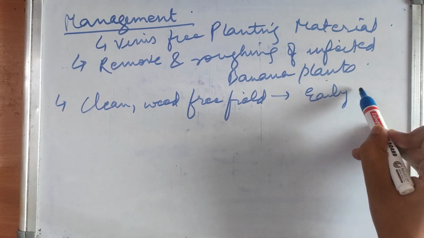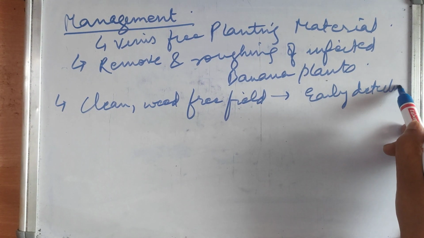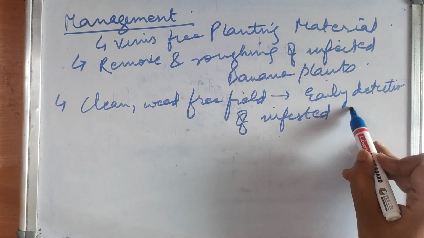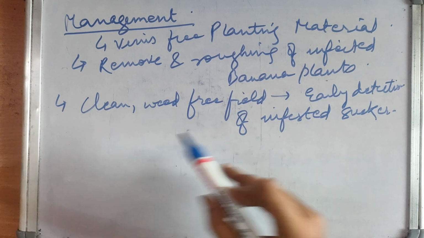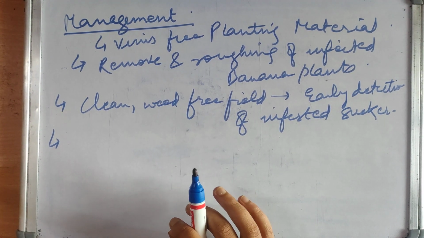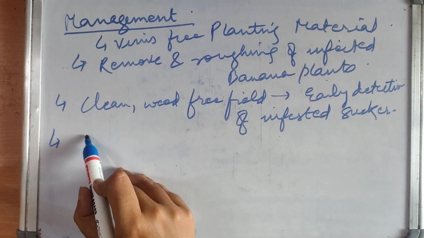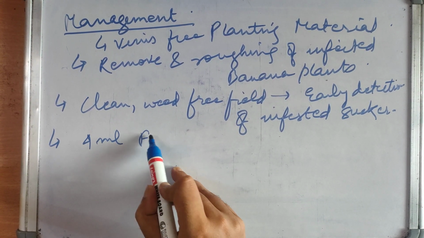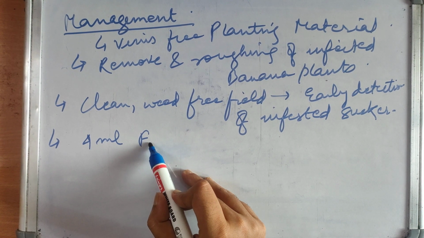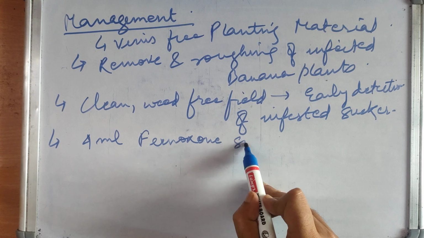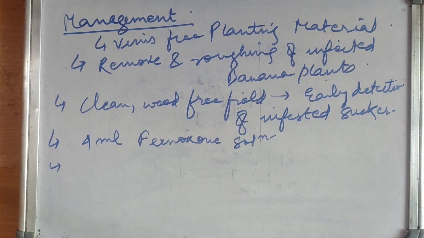We can inject the plant with 4 ml of Pernoxone solution for vector control.